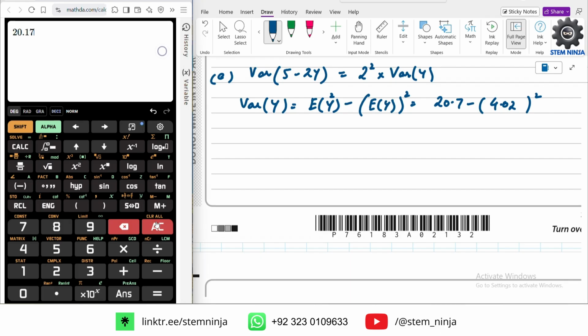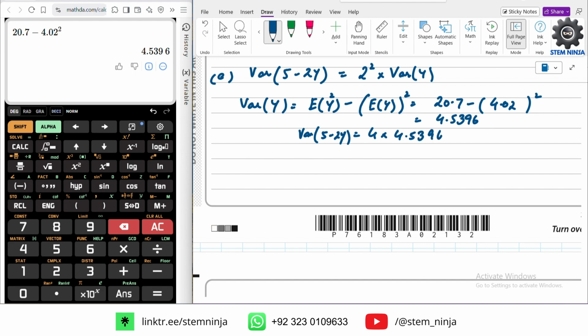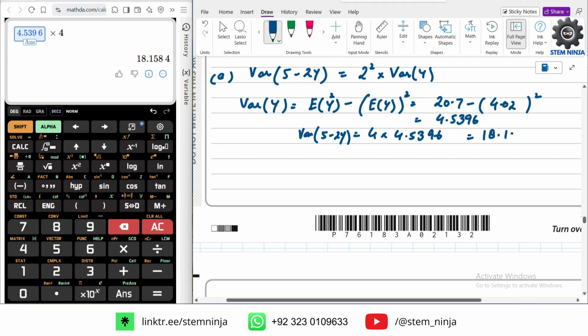So 20.7 minus 4.02 whole squared, sorry, 4.5396. Variance of 5 minus 2y would be 4 times 4.5396. This times 4, you get 18.1584, and you can round it to 18.2.